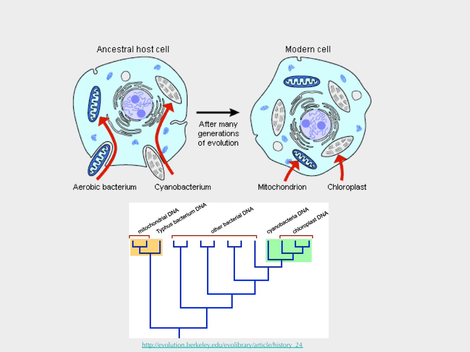And so right now, in your cells, this is happening. And of course, there's no longer reciprocal parasitism, because the mitochondrial success depends on the eukaryotic host cell success. So their optima are aligned.